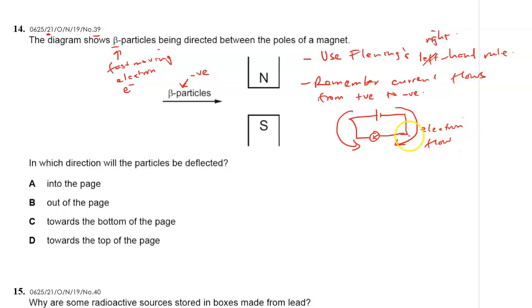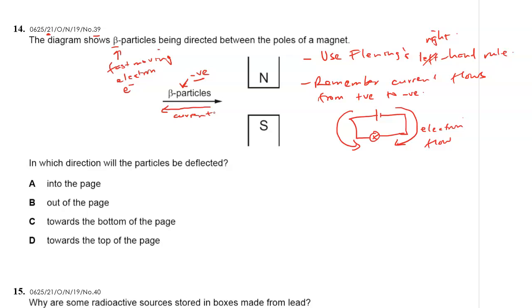So electrons flow in the opposite direction of current, and therefore, if the negatively charged beta particles are flowing this direction, then current is flowing in the opposite direction. This is current, right? So you use your right-hand rule and identify Fleming's right-hand rule and identify the direction in which it will be deflected.